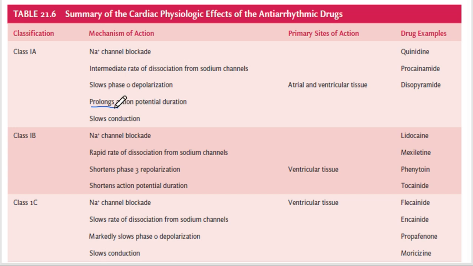This is the difference of this. And again, it is the class 1A, and class 1A prolongs the action potential duration, and class 1B shortens, and there is no role in the action potential for class C, and both class 1A and class C are responsible for slow conduction.